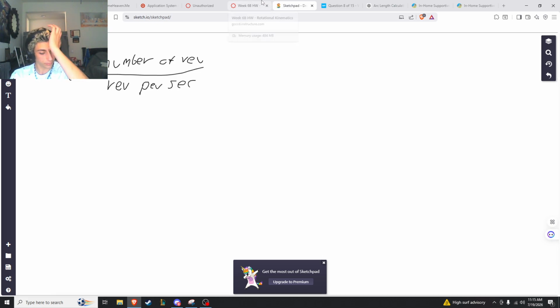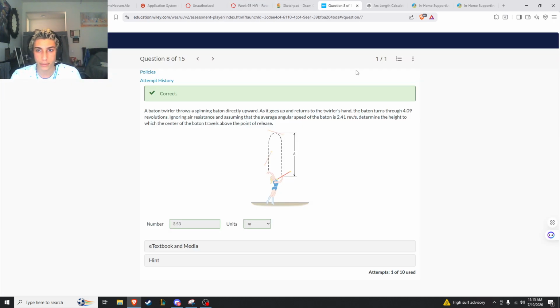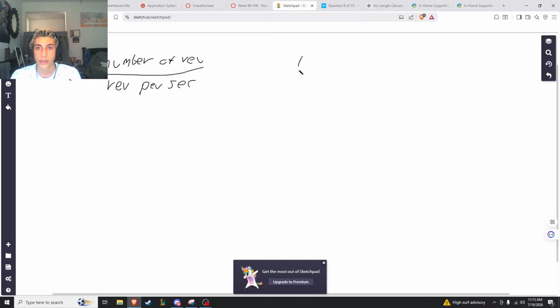And that's going to be 4.09 over 2.41. Correct? Correct. So T equals 4.09 over 2.41, and we get 1.697 seconds. Time with the SI units of seconds.